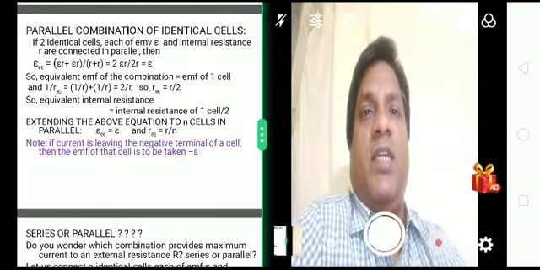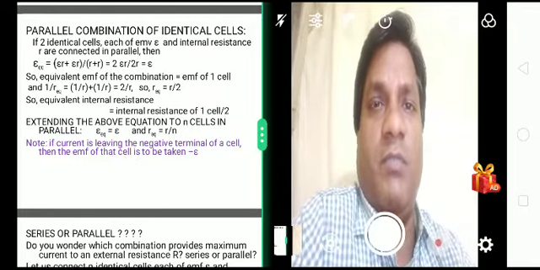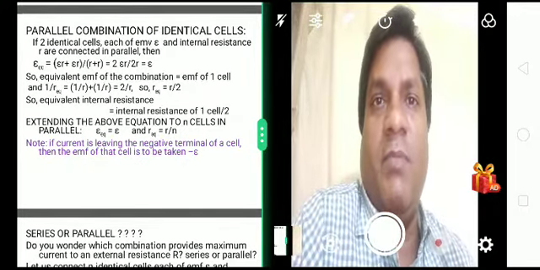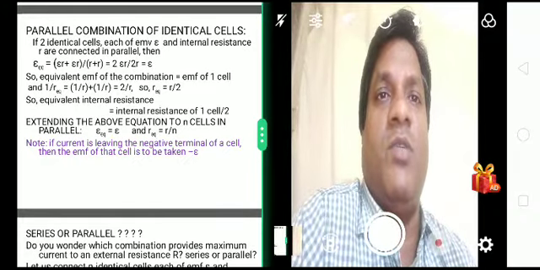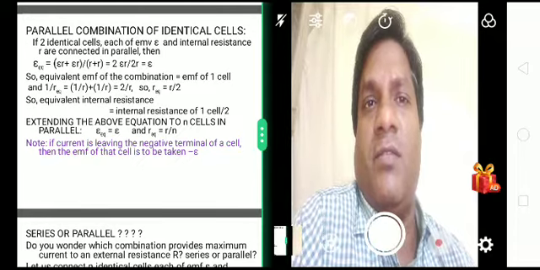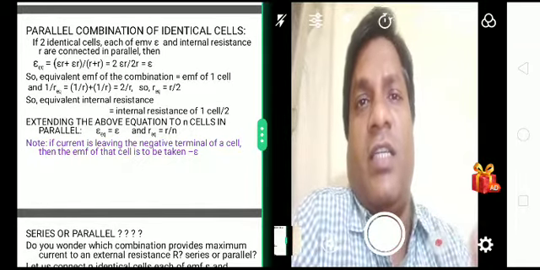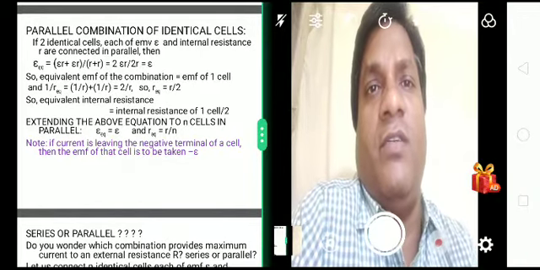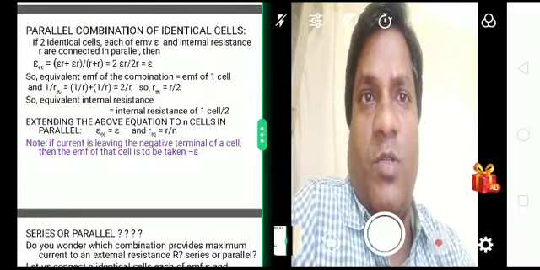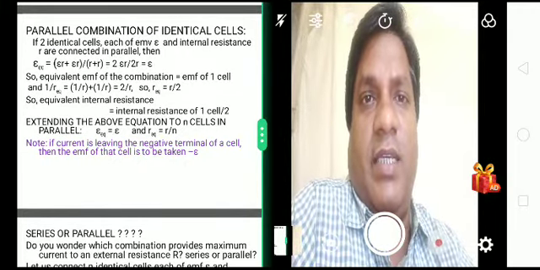That gives ER plus ER by R plus R, so it's equal to E. That means in a parallel combination of identical cells, the EMF of the combination is equal to the EMF of each cell. Similarly, the internal resistance of the two cells in parallel comes to be R by 2. So for n number of cells, it will be R by n.